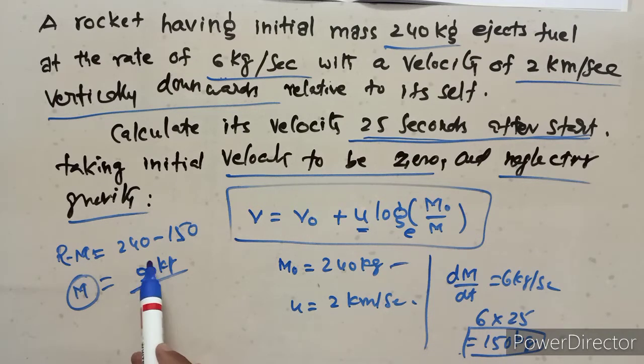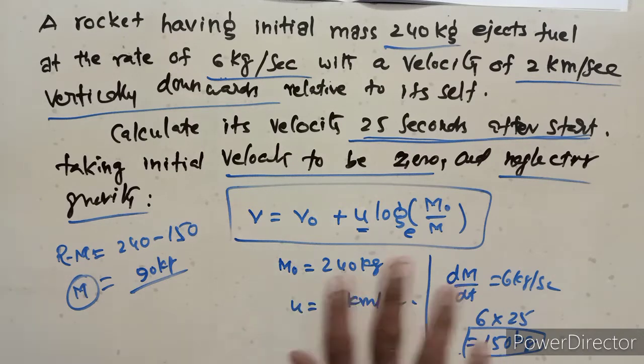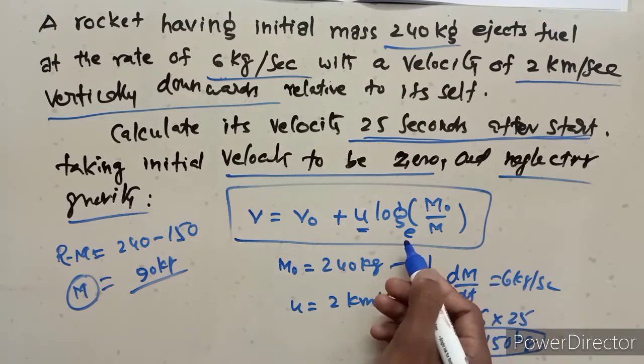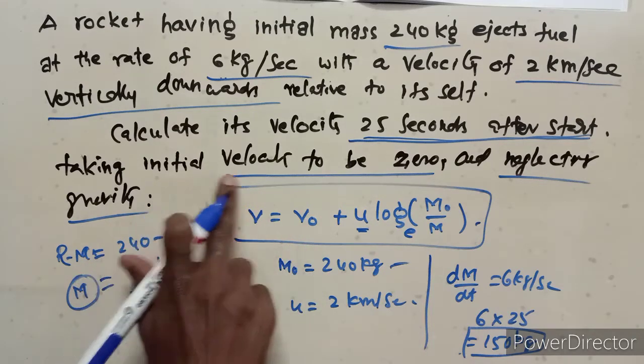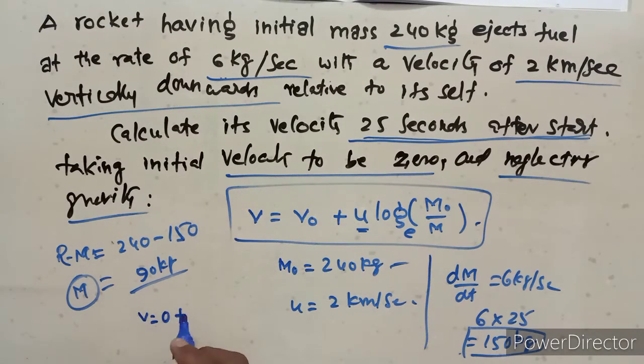These values are the given data, and they are substituted in the above equation: V equals V naught, initial velocity to be 0, plus U, which means 2, into log to the base e of 240 upon 90.